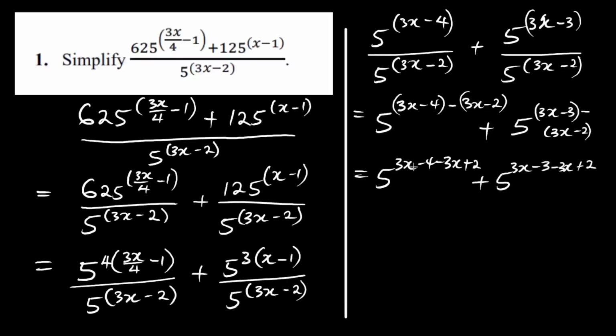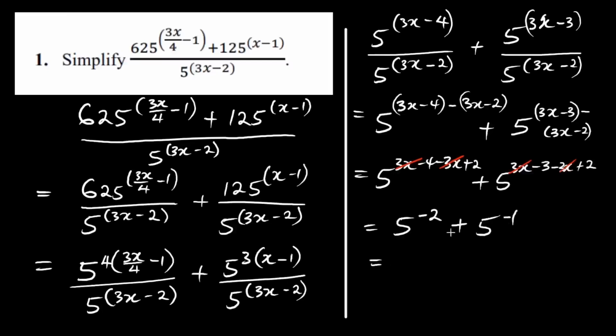So my 3x's are going to cancel. 3x here cancels 3x. So we are left with 5 raised to the power of minus 4 plus 2 is minus 2, plus 5 to power minus 3 plus 2 is minus 1.